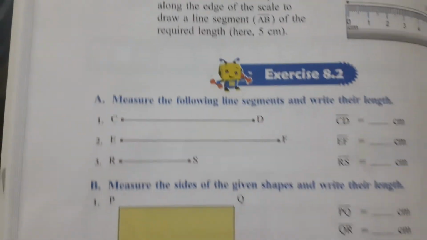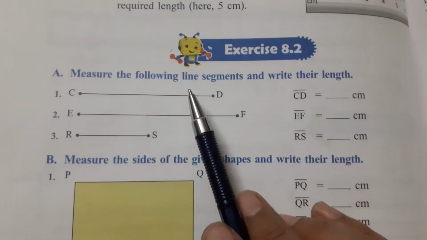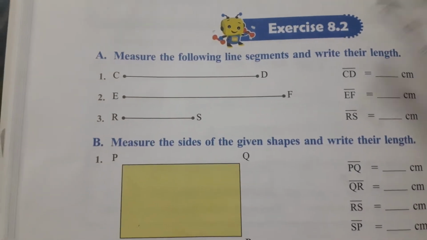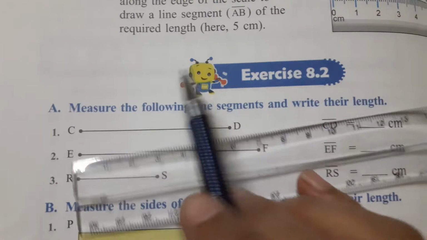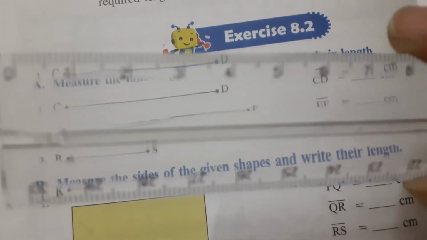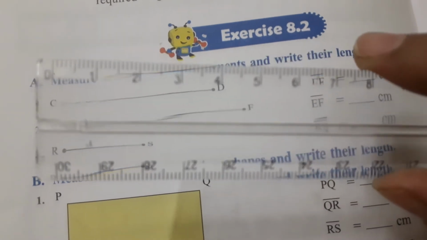Let's start exercise 8.2. Measure the following line segments and write their length. See, this is our scale. I have 0, 1, 2. You can see my scale.